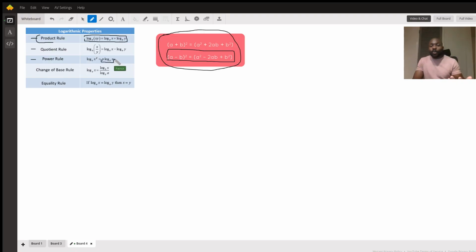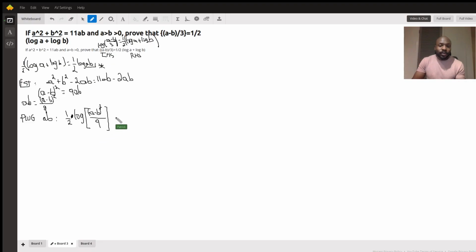We can use product then power, or we can use power then quotient, but let's use the power rule first. Whenever you have an exponent times a log, you can just bring the exponent over. So we're going to bring the 1/2 over. It's going to be the log of this whole thing raised to the power of 1/2, that is, ((a minus b) squared over 9) to the power of 1/2.